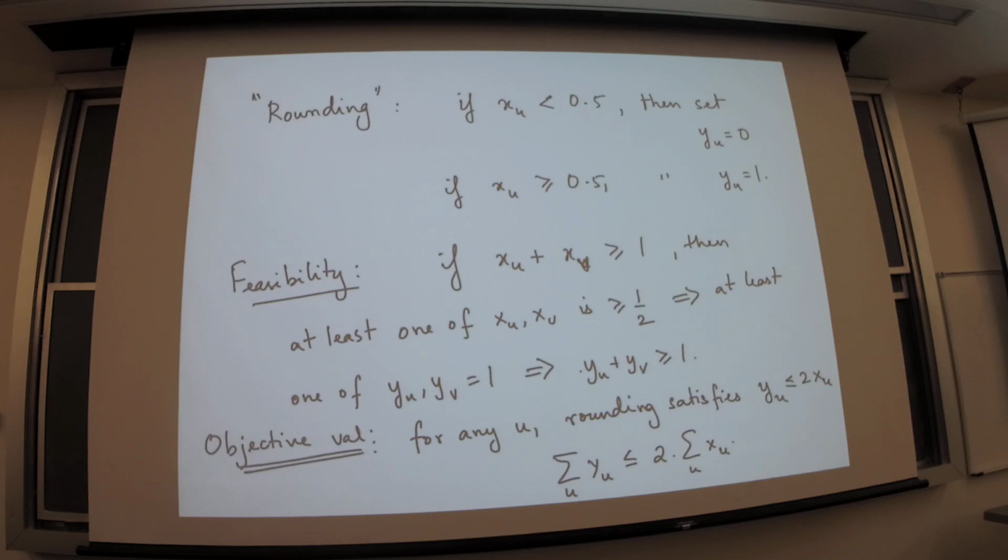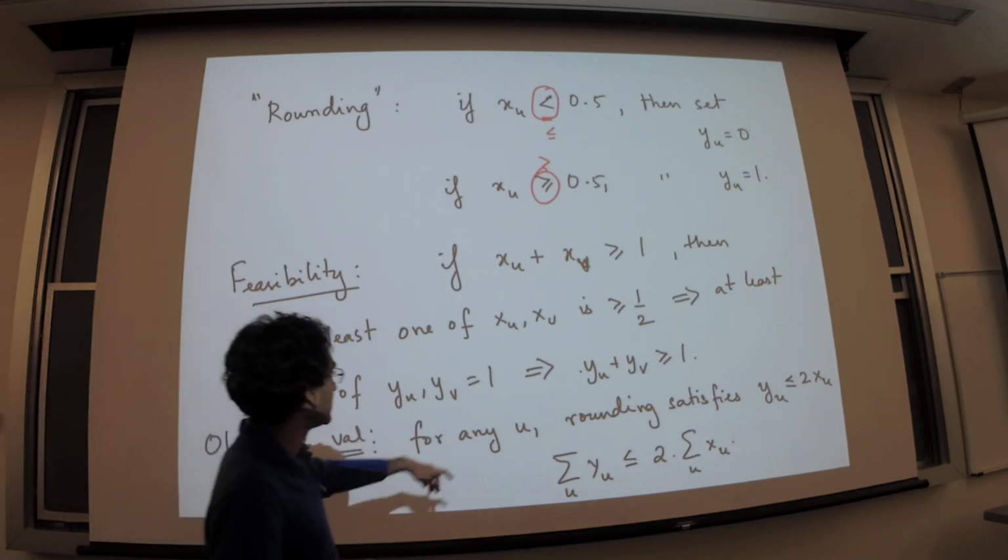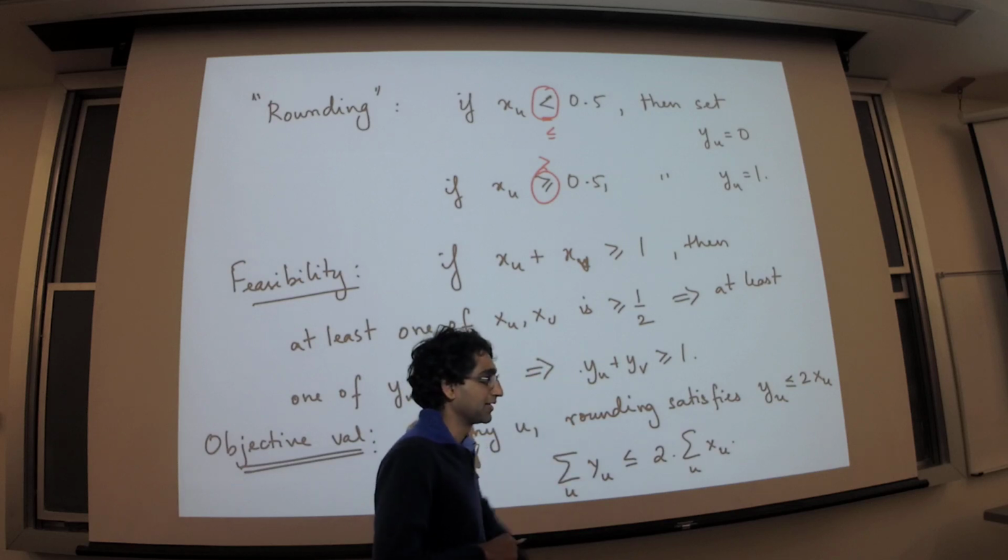Suppose I accidentally write this rounding as less than or equal to 0.5 and this one as more than 0.5. Then what goes wrong? Does this step fail or does this step fail?